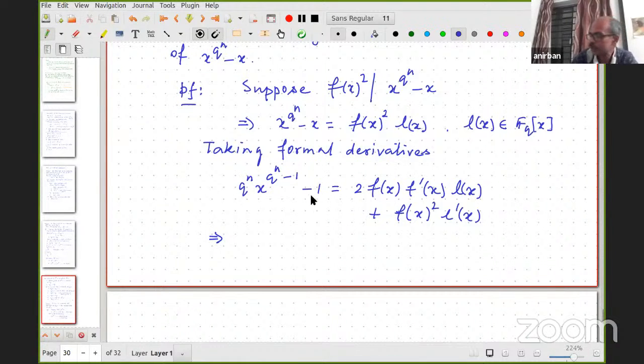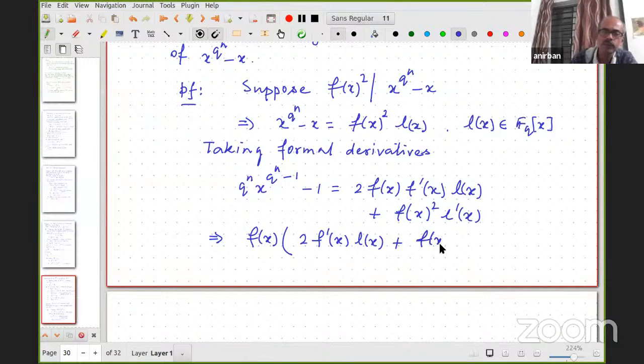This is just minus 1. And on the right hand side you have f(x) common, then 2 f'(x) l(x) plus f(x) l'(x). So one power has been taken out. So this is just minus 1.